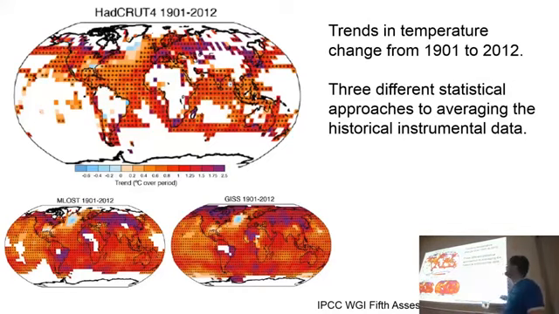This is a map of basically the temperature in 2012 minus the temperature in 1901, so it's 100 years of temperature difference. You can see that these give positive numbers mostly, so it's warmer now than it was in the past.